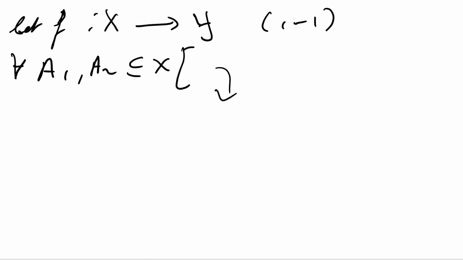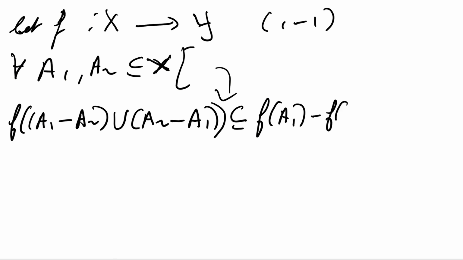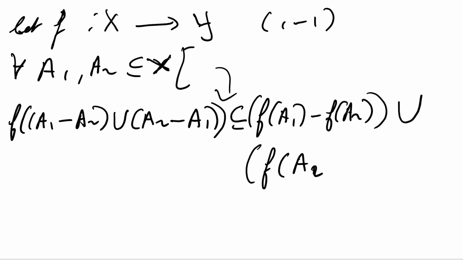So for all A1, A2 subset of X, so subset of the domain, we have f of A1 minus A2 union A2 minus A1 is a subset of f of A1 minus f of A2 union f of A2 minus f of A1.